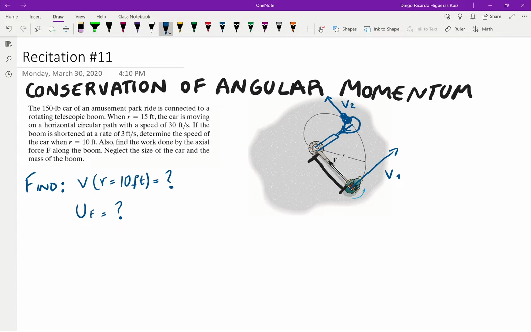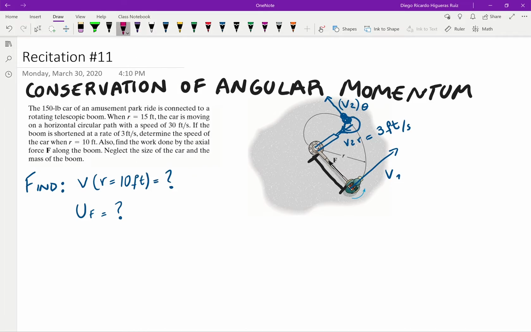So we're gonna call this velocity v2 r, and that's equal to 3 feet per second. And this one right here is gonna be v2 theta. There we go. So we're gonna have those two velocities. I'm just gonna change my color here.